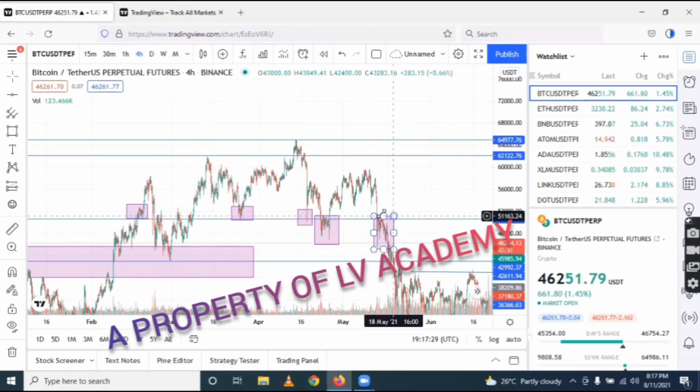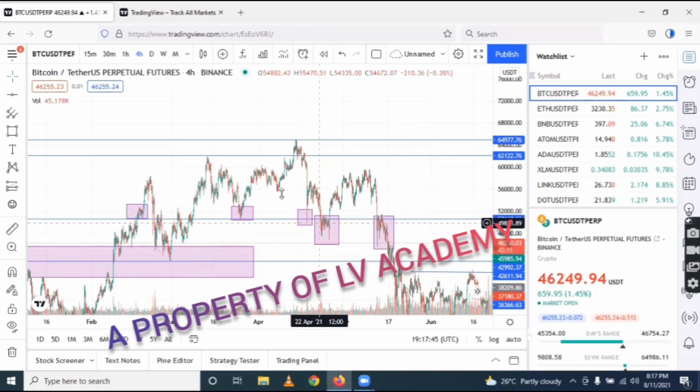So you can see, they flip zones when there is a breakout. Support will become resistance, resistance will become support. Once a level of resistance is broken, the resistance will begin to act as support. It's very, very straightforward, as you can see.